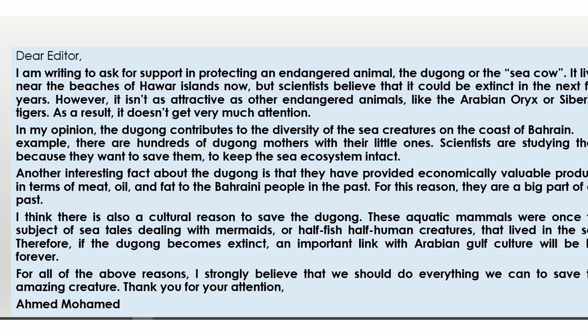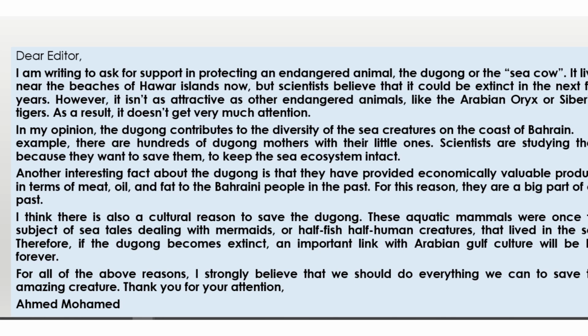In my opinion, the dugong contributes to the diversity of the sea creatures on the coast of Bahrain. For example, there are hundreds of dugong mothers with their little ones. Scientists are studying them because they want to save them to keep the sea ecosystem intact.